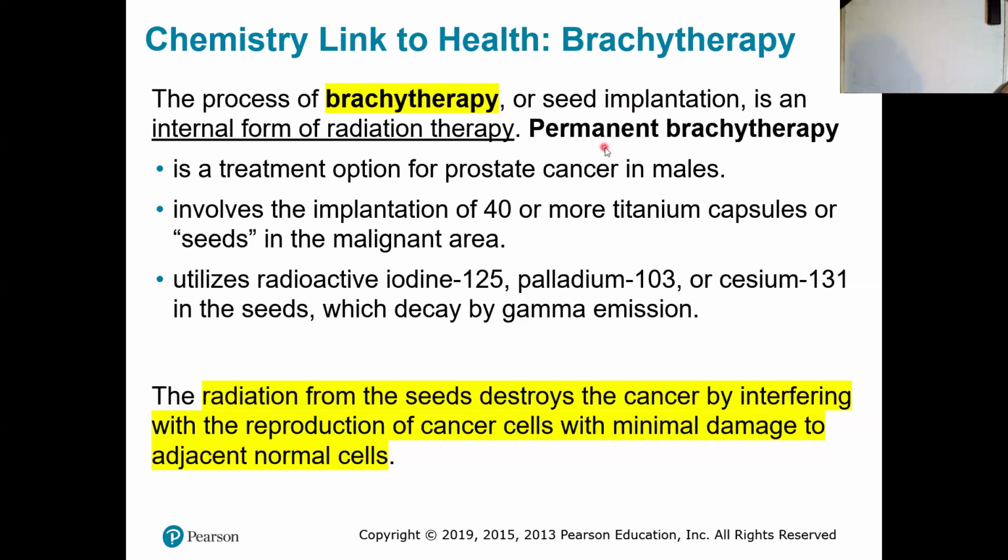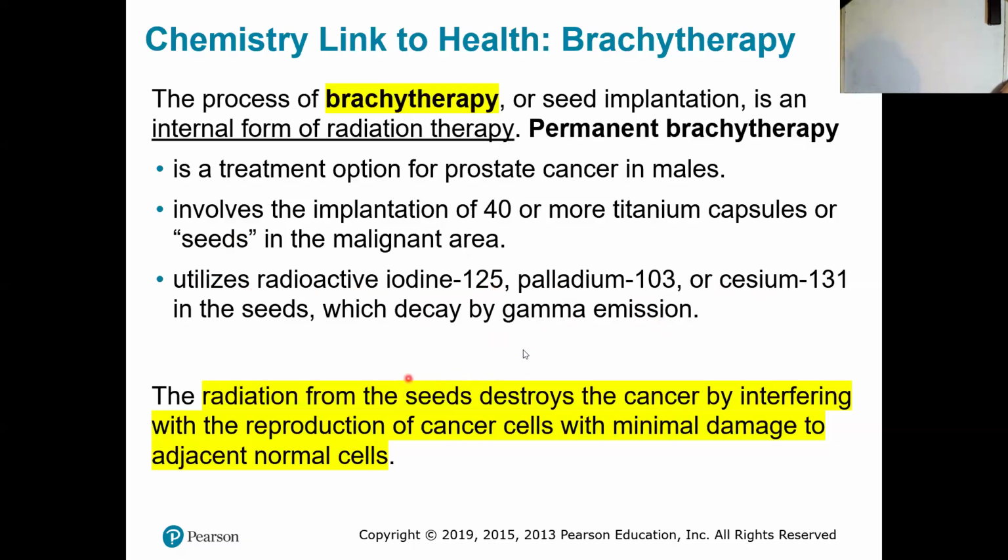There are two different kinds, permanent and temporary, but you end up implanting these seeds of radiation around the area that has the tumor, the malignant area, you can call it, right? And then you're going to have the radioactive particles in here, iodine-125, palladium-103, or cesium-131, and these are all going to decay over time via gamma emission.